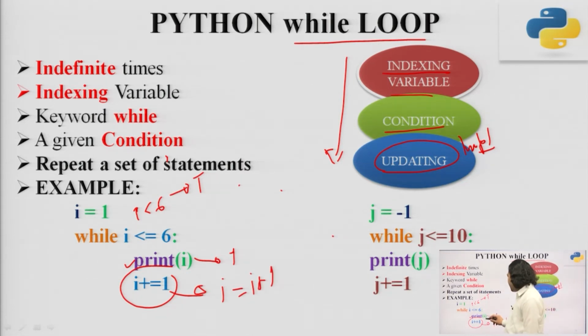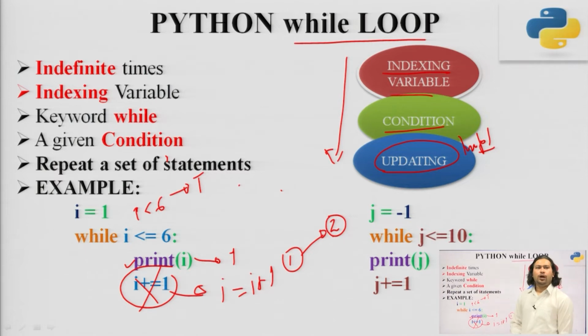That means now the I value will change from 1 to 2, because if this statement is not available, the I value remains 1. 1 is less than equal to 6, yes, that is true. Now, after that again the I value becomes 1 only, because there is no statement which changes the value of I. That is why this updating variable is very important.